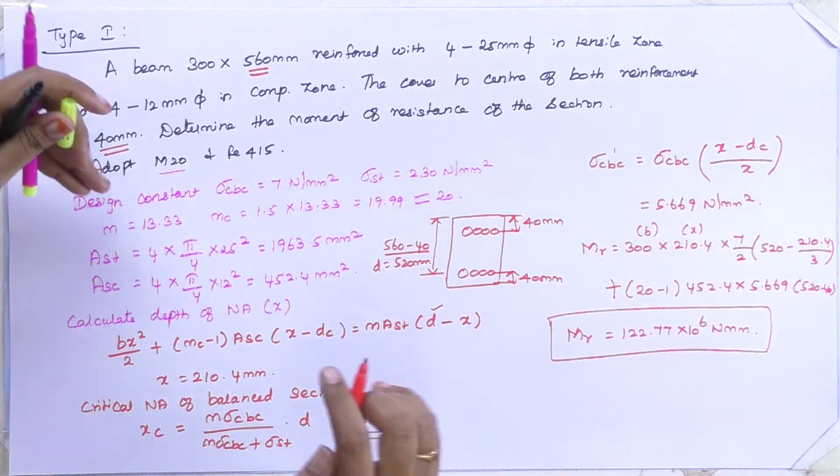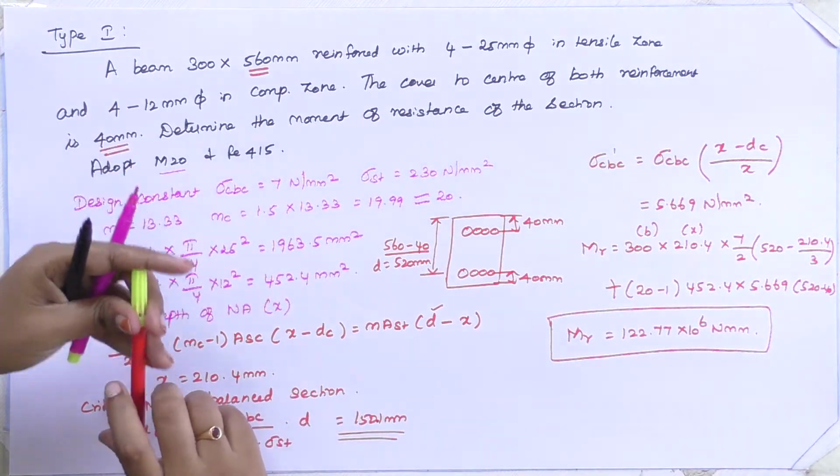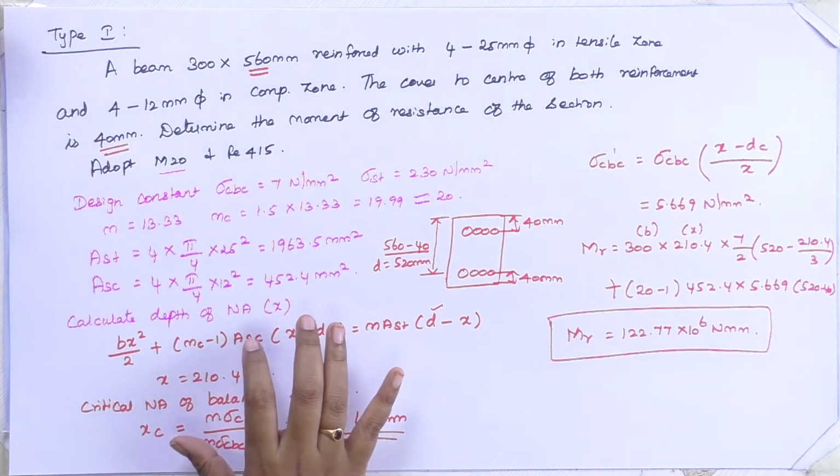These are some of the types of problems related to doubly reinforced sections. One type of problem, you may be asked how to calculate the depth of neutral axis of your section. You can equate the moment of the compression area to the moment of the tensile area to calculate the x value. Or else the question may ask how to calculate the moment of resistance of the section.